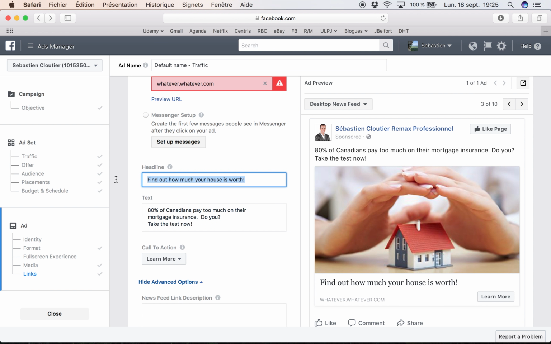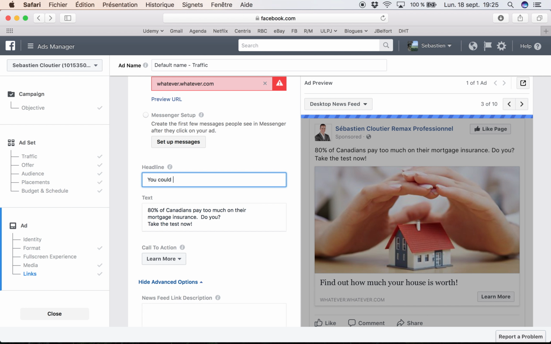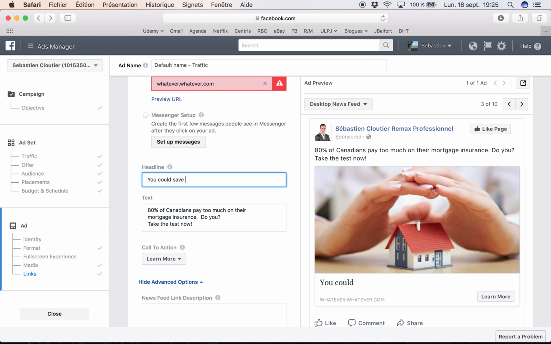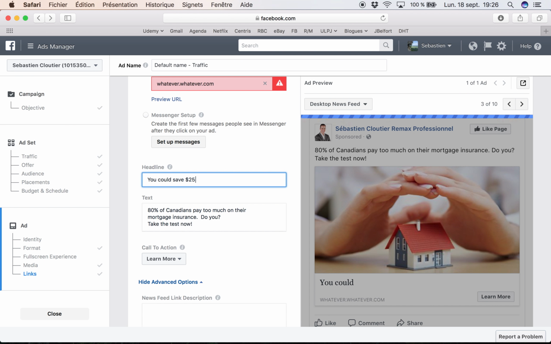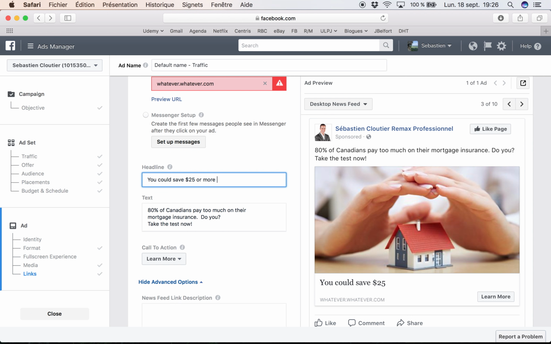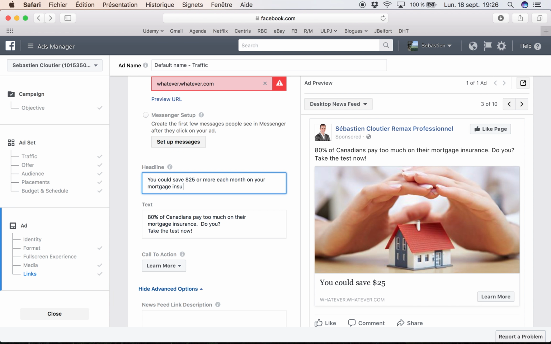Then there's an, I don't know the word, sorry, an incentive, I guess we could say: you could save $25 or more each month on your mortgage insurance.